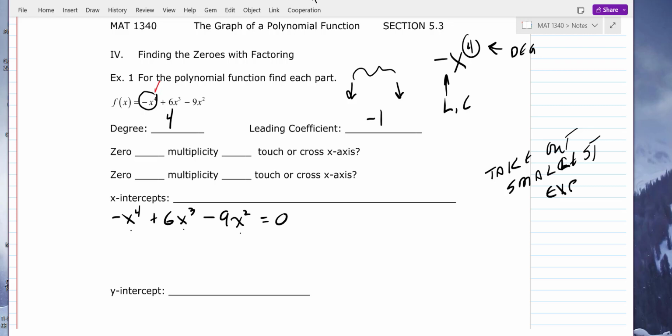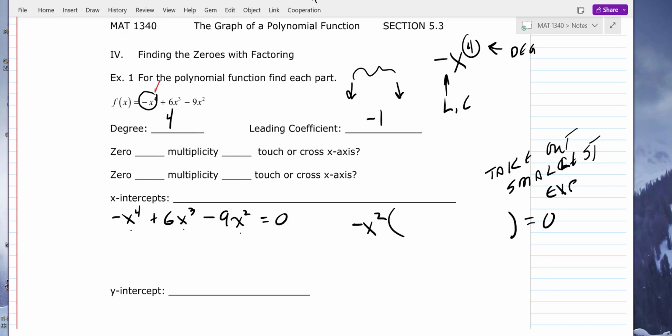That means we're going to take an x squared out. If that first term has a negative, then you'd want to take a negative out also. So you want to write this like this: just put -x squared, then put a blank set of parentheses. You're going to take common factors out a lot, and it's the lowest exponent that comes out.